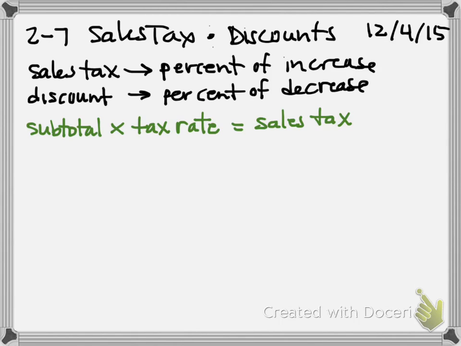So you have a subtotal. You multiply it by the tax rate. And by the way, I'm going to add a little thing here. Your tax rate has to be changed to a decimal. You cannot work with percents. And then that's going to equal your sales tax.